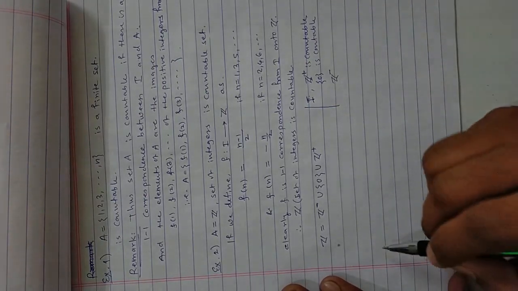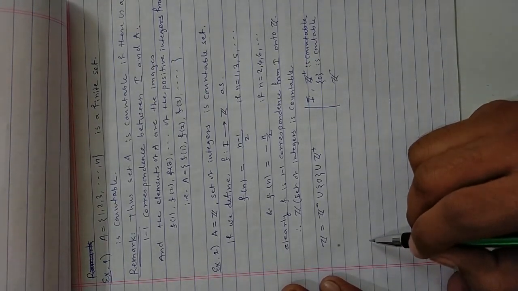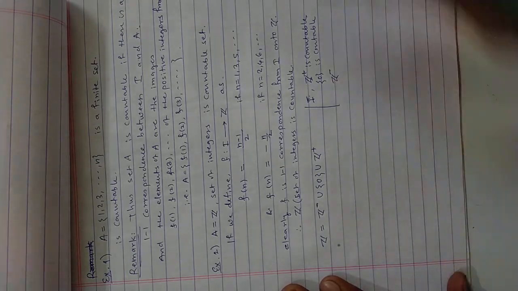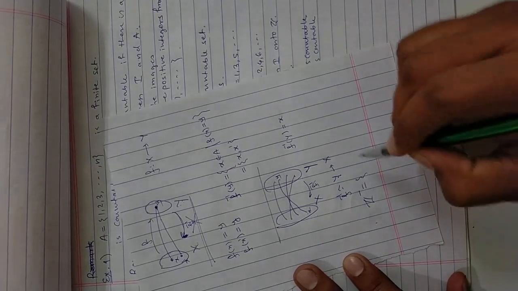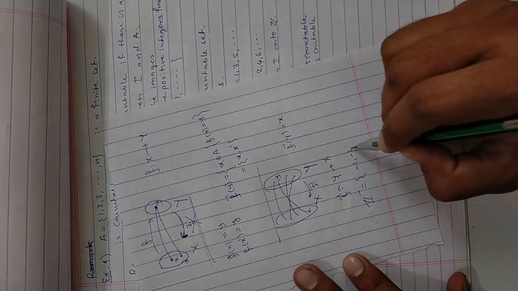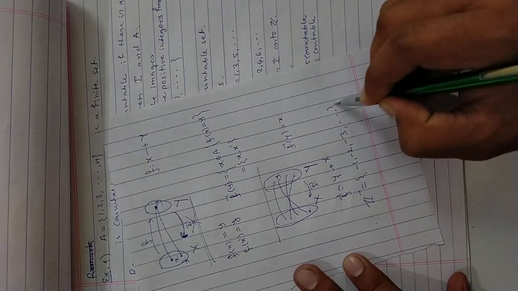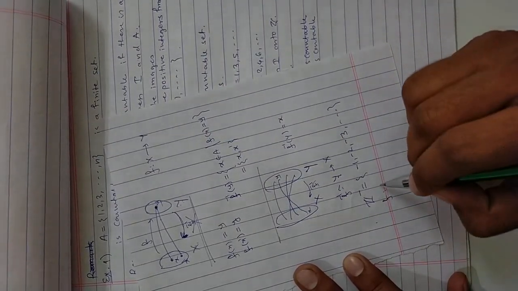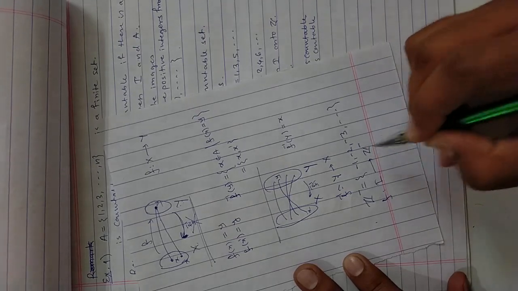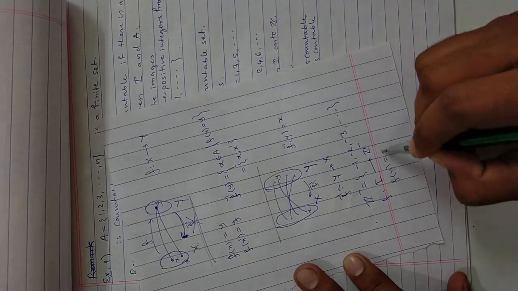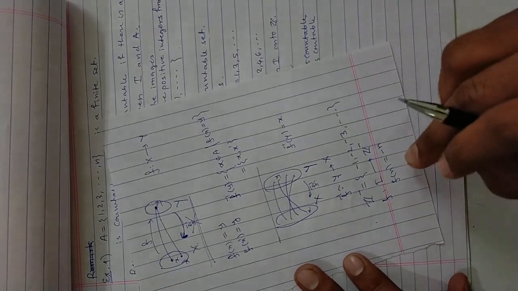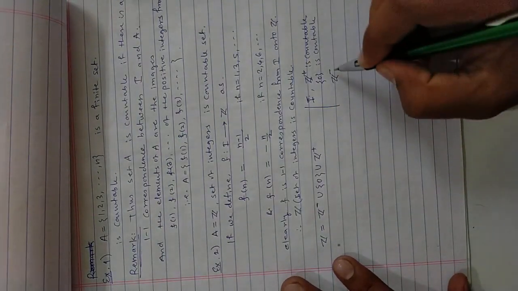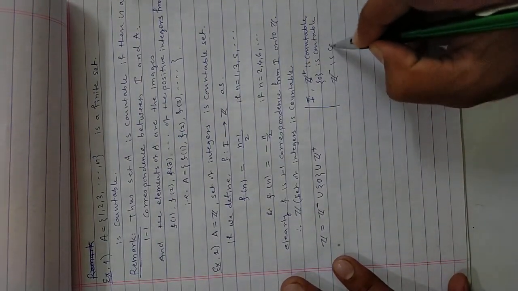Z minus, the set of negative integers, will definitely be countable. Why? Because Z minus is the set of negative integers -1, -2, -3 and so on. If I want to define a function from I to Z minus, what will I define? f of n equal to -n, nothing else, right? It is just a game of sign. So Z minus is also countable.